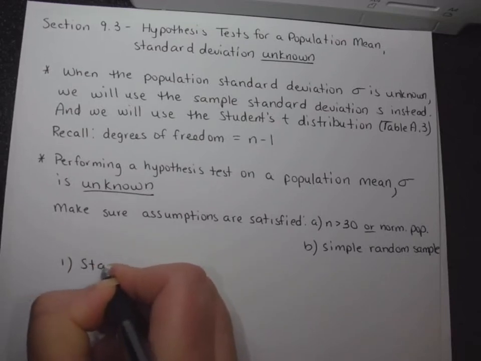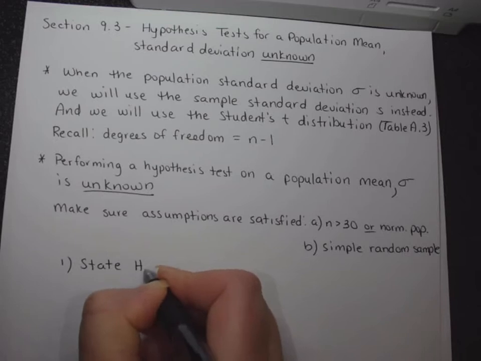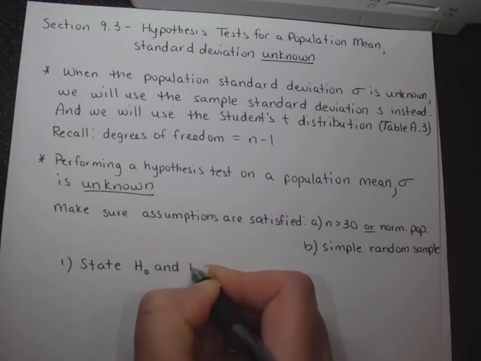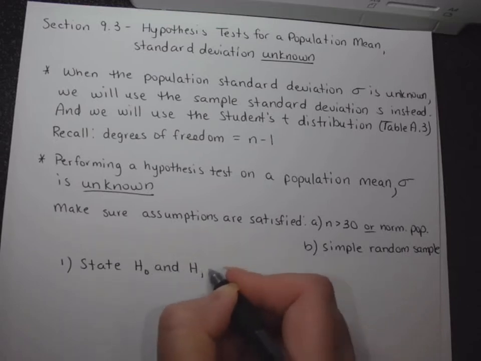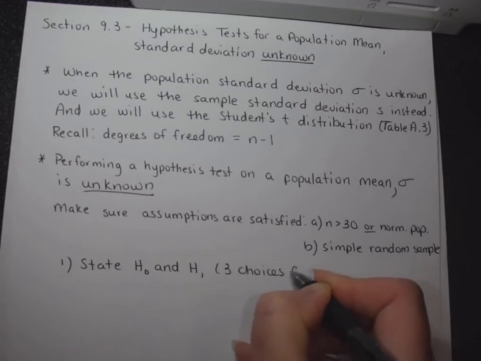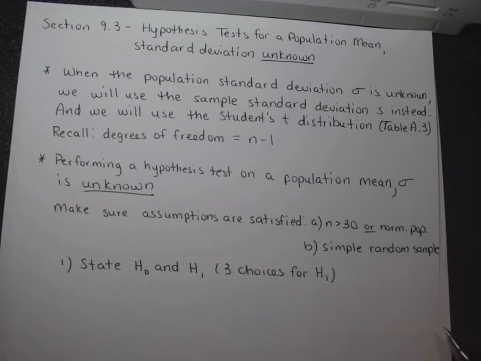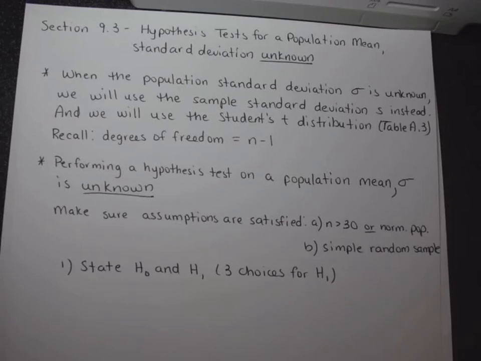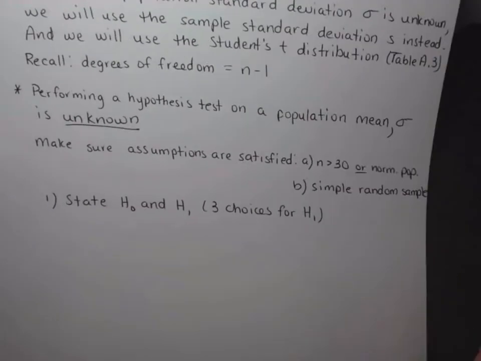All right, so some of these steps are going to seem familiar from 9.2, but you're going to state your null and your alternate hypothesis. Remember that there are 3 choices for H sub 1, depending on whether you have a left-tailed test, right-tailed test, or a two-tailed test. Okay.